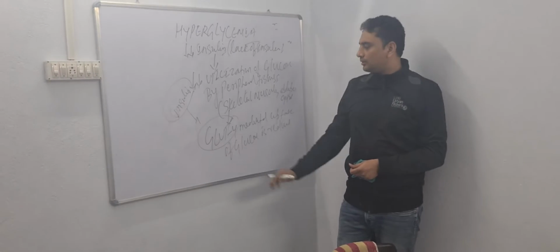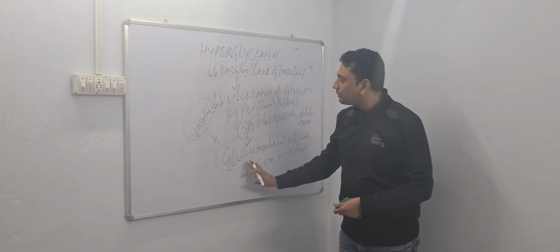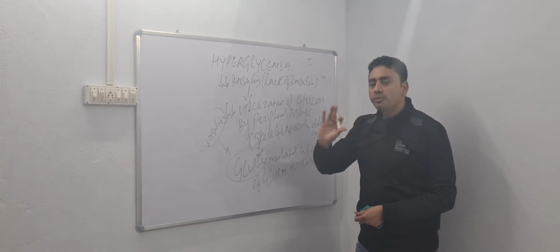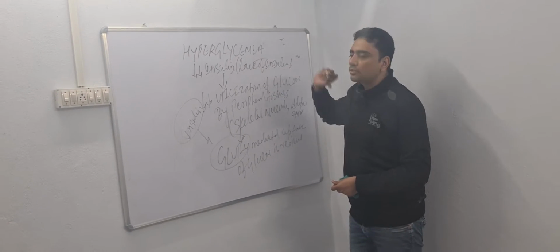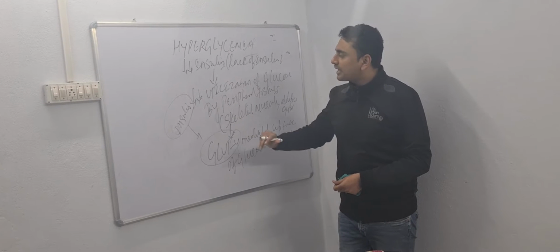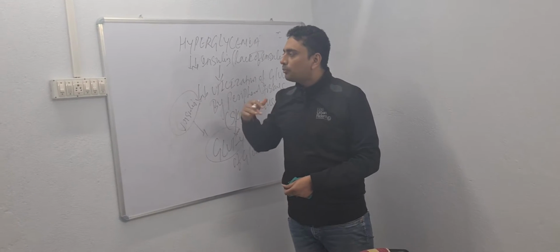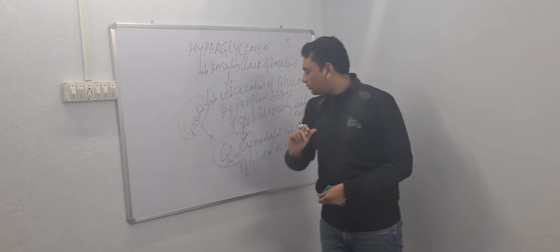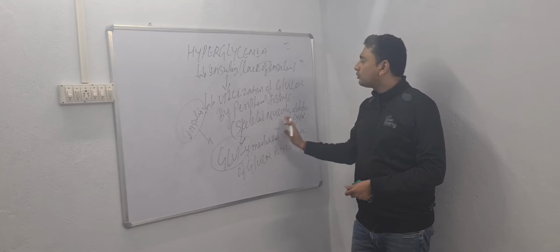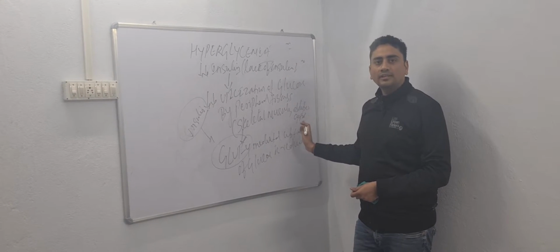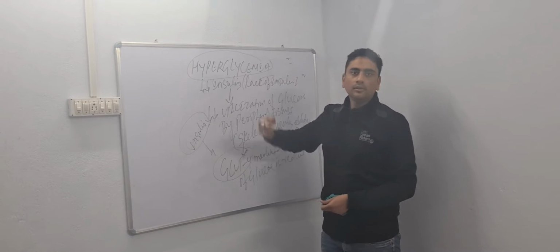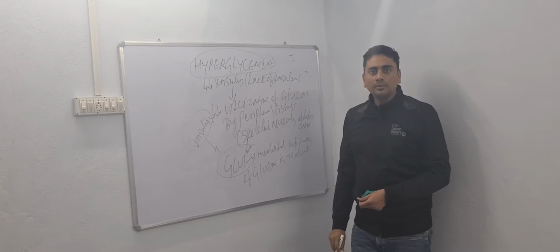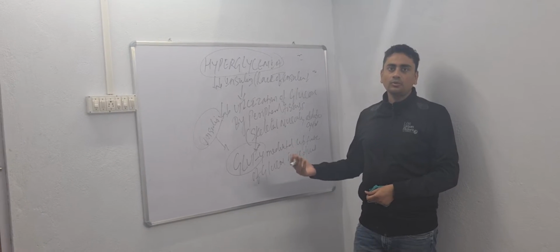Okay, so GLUT4 won't be active due to deficiency of insulin in diabetic ketoacidosis patients, and because of that the glucose won't be going inside tissues like adipose tissue, skeletal muscle or cardiac tissue. So that will lead to what? Hyperglycemia. So this is the main cause of hyperglycemia seen in diabetic ketoacidosis.